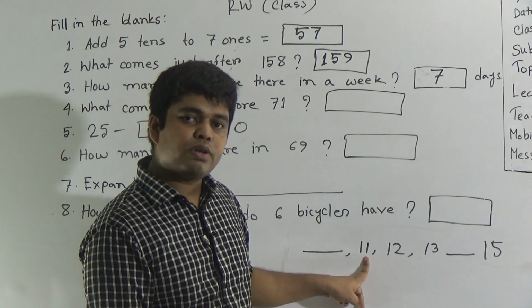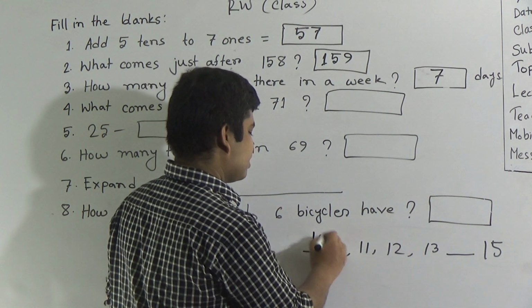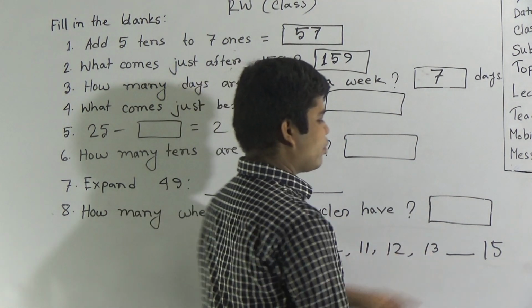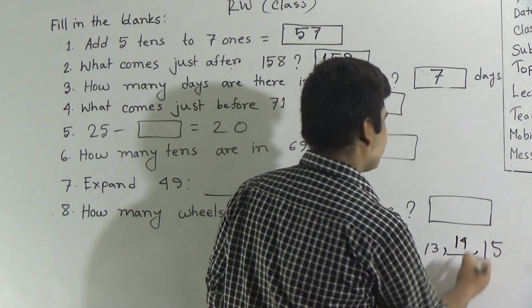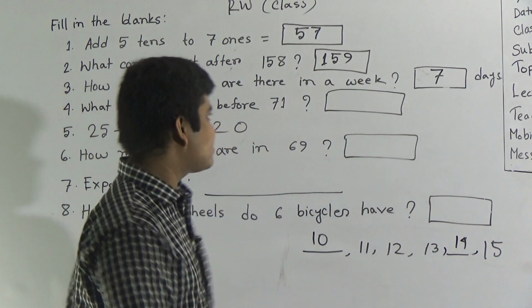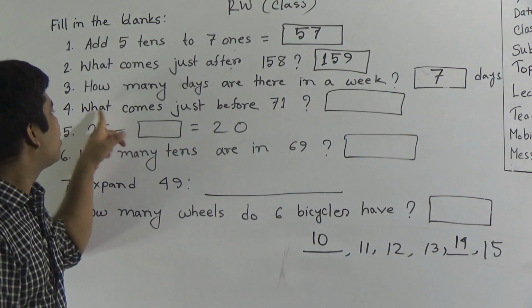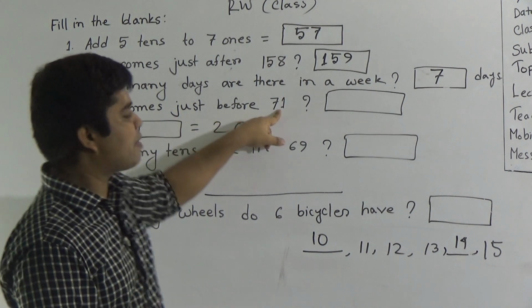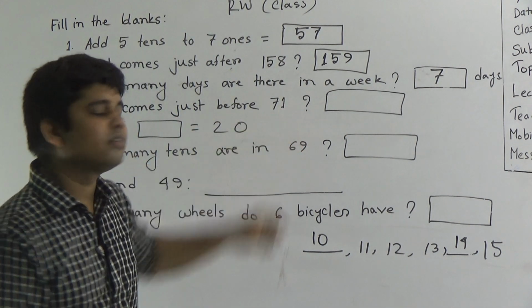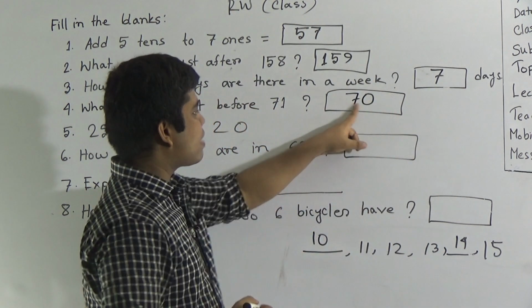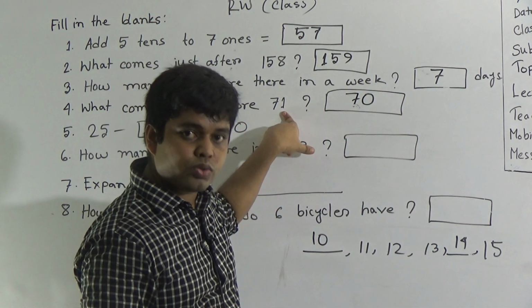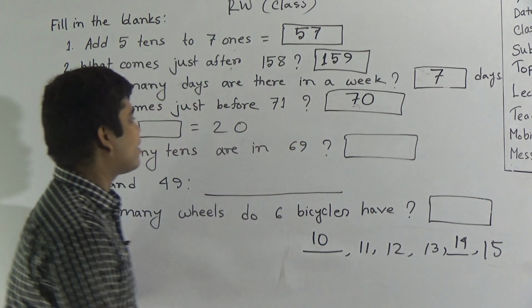The number will be 10. Now notice 10, 11, 12, 13, and what is the before number of 15? The number will be 14. I hope you have understood. Just like this, we solve question number 4. What comes just before 71? The answer will be 70, because 70, 71, 72, 73, 74.